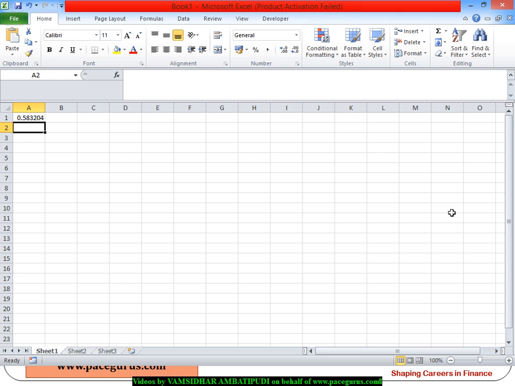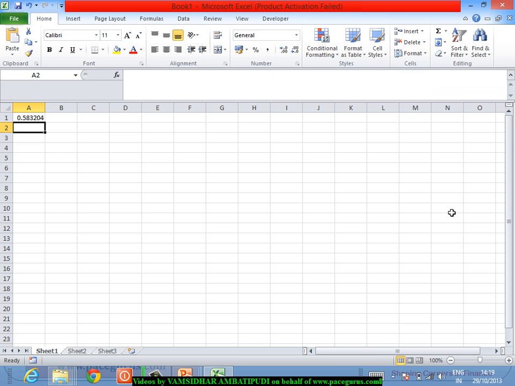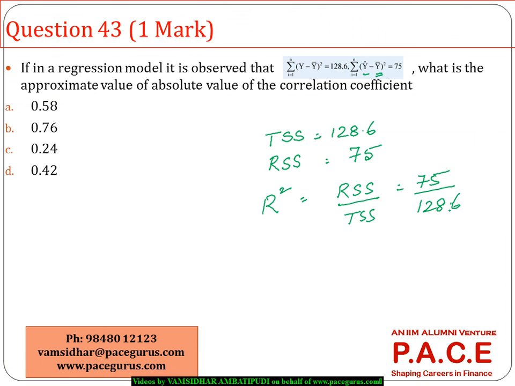This is r squared. So to find the correlation coefficient, I'm taking the square root of this, almost 0.76. So I can directly mark the option choice B as the answer in this case. Right? Alright, let's move on to the next one now.